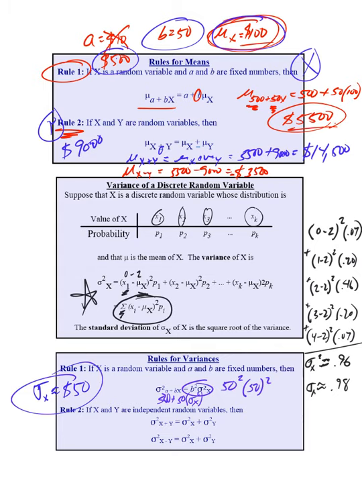So 50 squared times 50 squared would give us a variance of $6,250,000. Again, that's variance. That's why that seems remarkably big. Now we take the square root of that, and the actual standard deviation here is about $2,500.